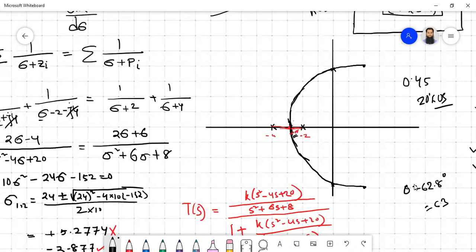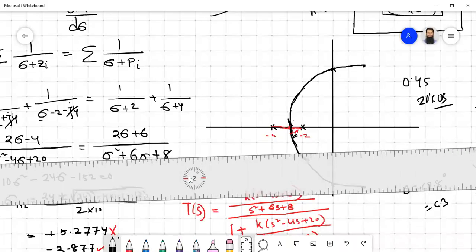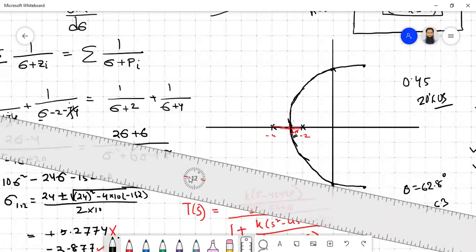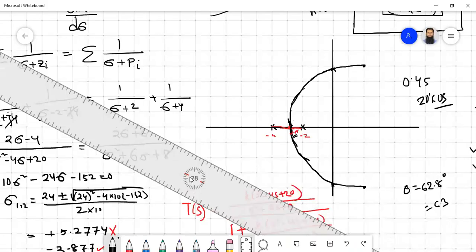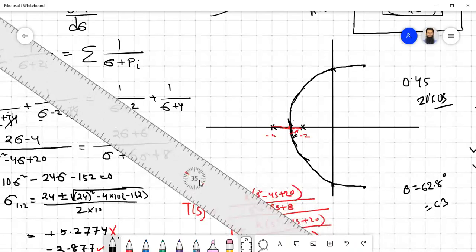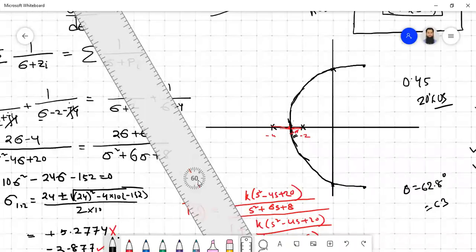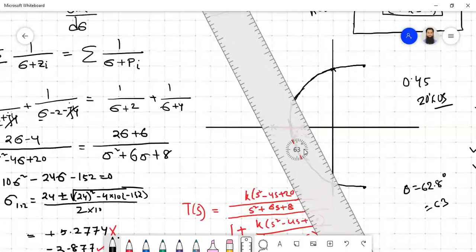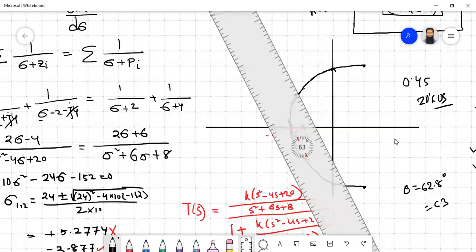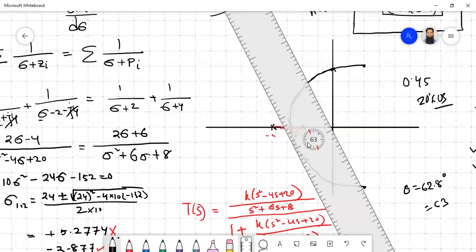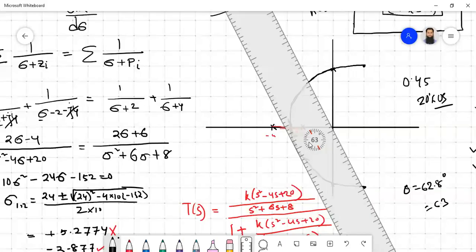So we have to draw a line of that. Then from the graph, we have to physically figure out that point. So this is approximately 63 degrees, and if we use the ruler, then we are going to see that it will be going somewhere through this line.